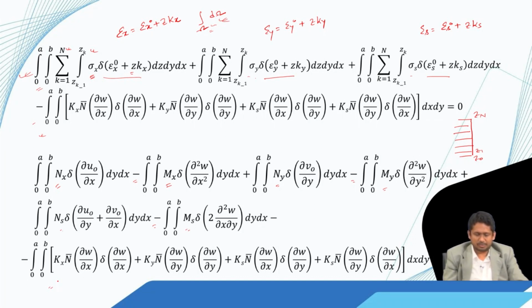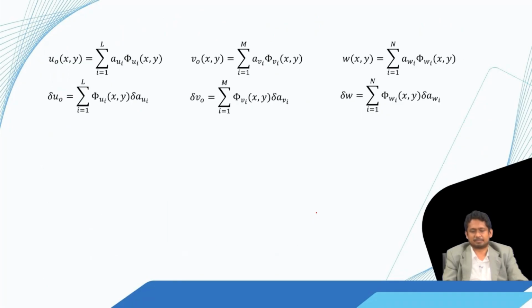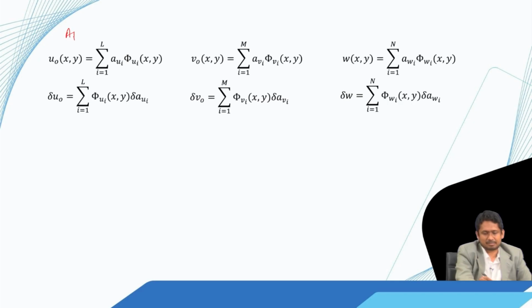Now, we need to make some approximations for u0, v0 and w, and put the approximations in this expression. The approximations are: u0 as a function of x and y is the summation over i from 1 to L of phi Ui, which is a defined function of x and y, multiplied by AUi, which is an unknown constant.